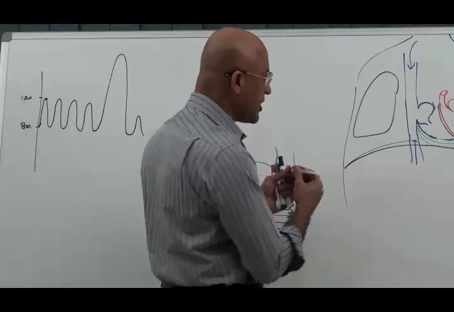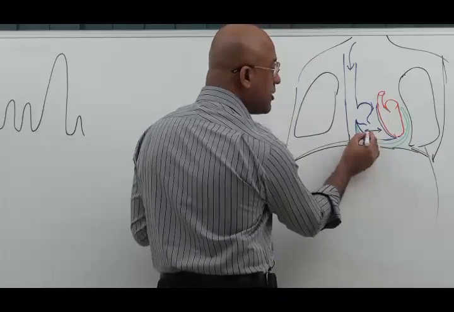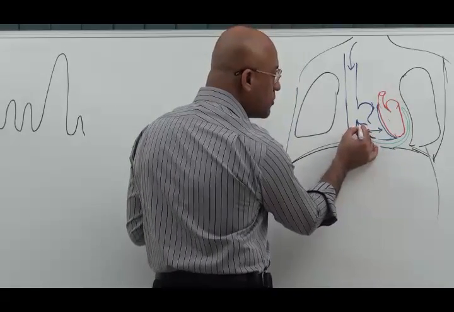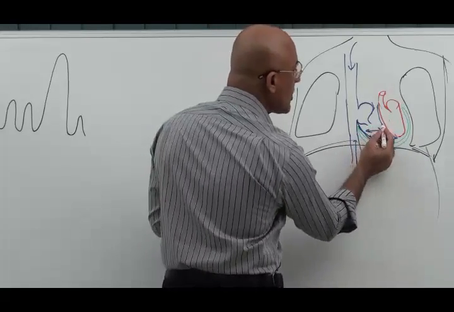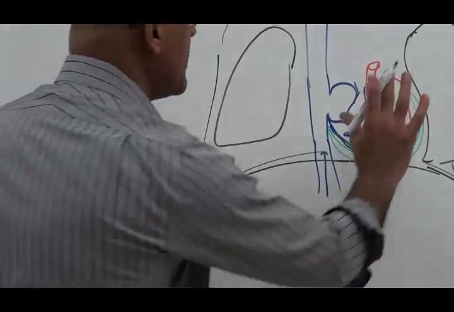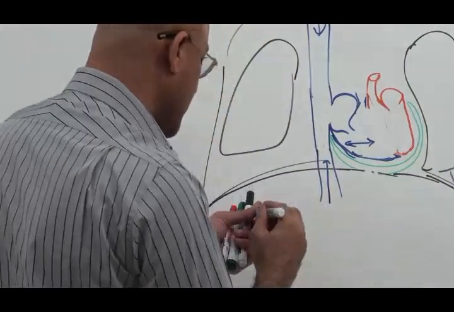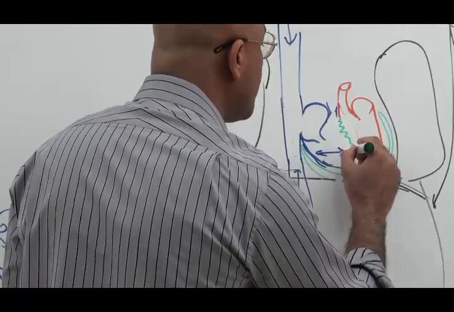So during inspiration, not only does this extra amount of fluid accumulating here move the free wall outward, the interventricular septum is also pushed towards the left. But this push is very slight. Suppose this is the septum.